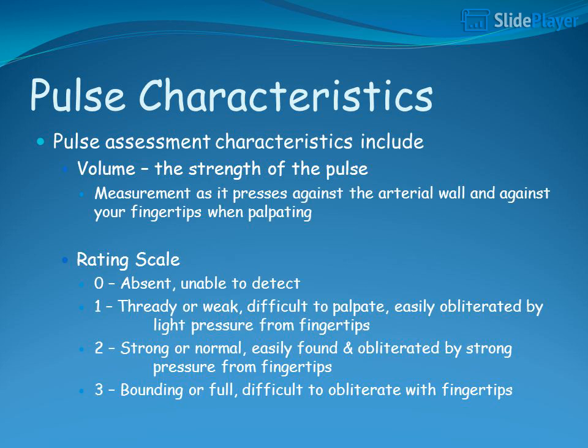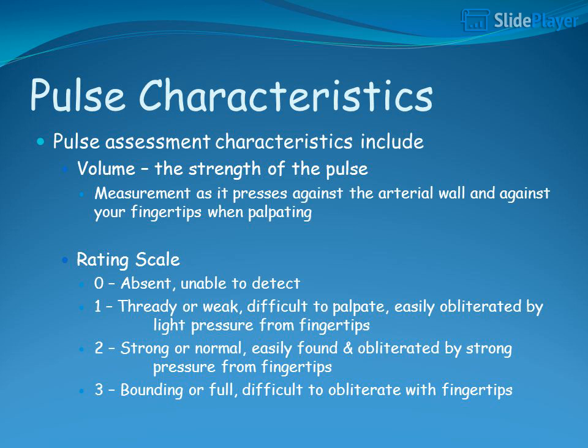Pulse characteristics. Vital signs, Chapter 9. Pulse assessment characteristics include volume: the strength of the pulse, a measurement as it presses against the arterial wall and against your fingertips when palpating.